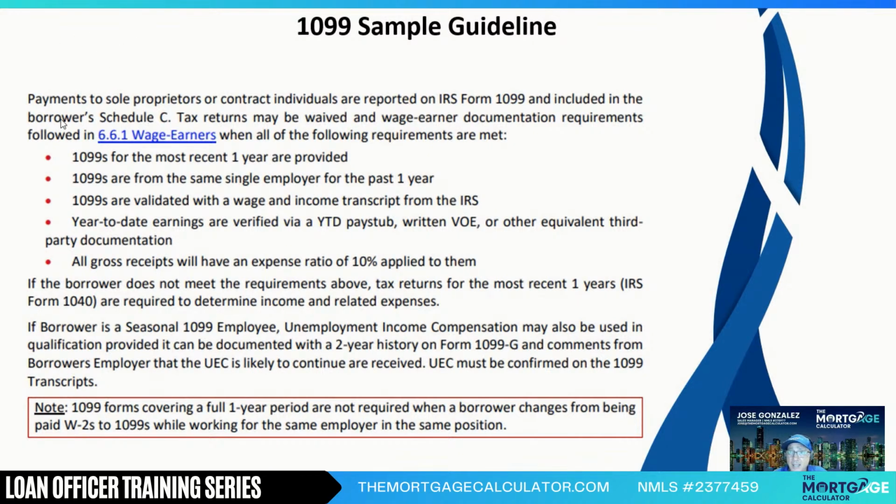So some important points here to consider would be that basically the 90% point, needing to verify the year-to-date ending earnings, and saying how long they've been with that particular 1099 provider.